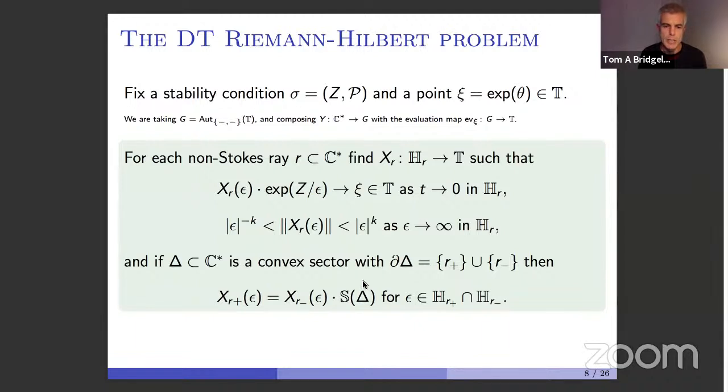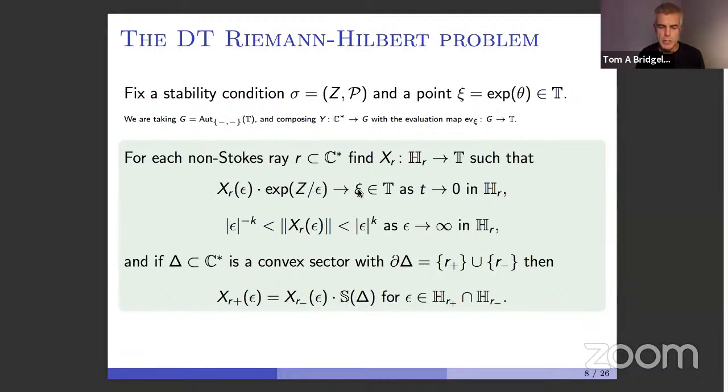Okay, so that's the problem. It's too much to consider all at once, but let's process some of it. Basically, you're looking for a discontinuous function from C star into the torus, which is C star to the n, and it jumps in a particular way across rays.